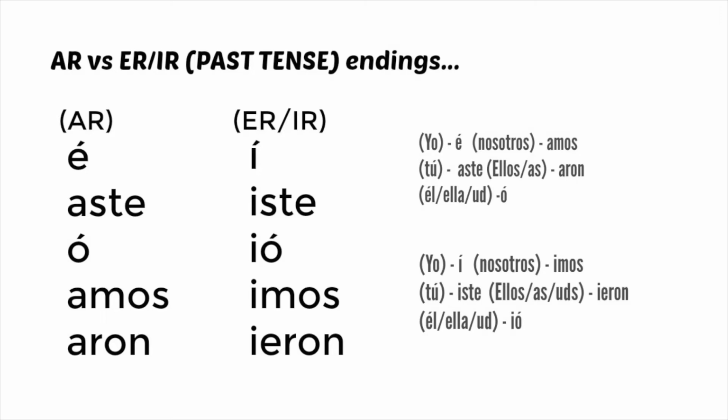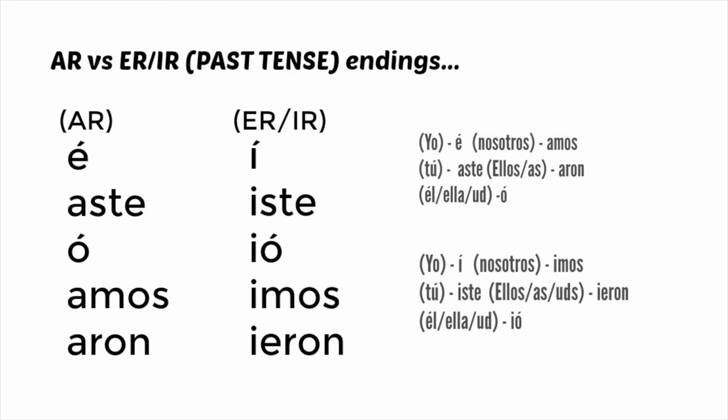That's the AR ending past tense, okay? ER and IR to the right, you see iste, ió, imos, ieron. Notice that you don't see emos. That's because when you're referring to we in the past tense, you're going to just use imos for both ER and IR verbs, okay? They pretty much share the same endings for all conjugations.